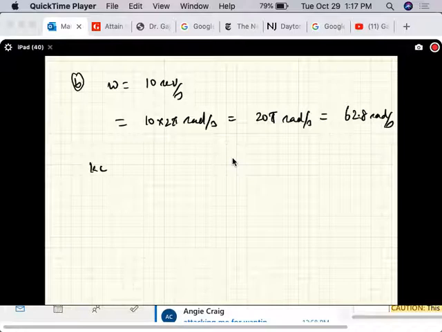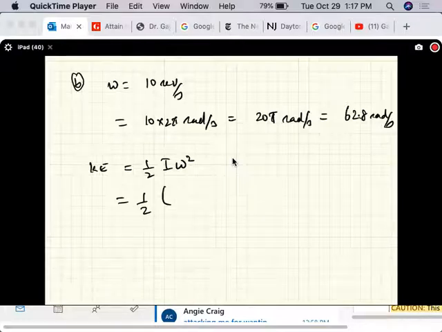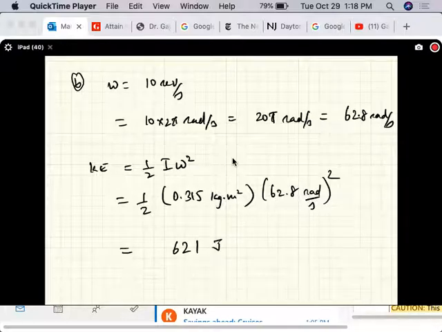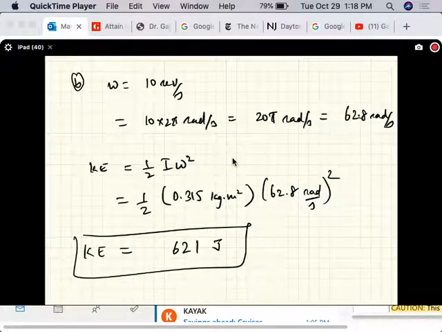And kinetic energy is 1/2 I omega squared. Okay, 621 joules.